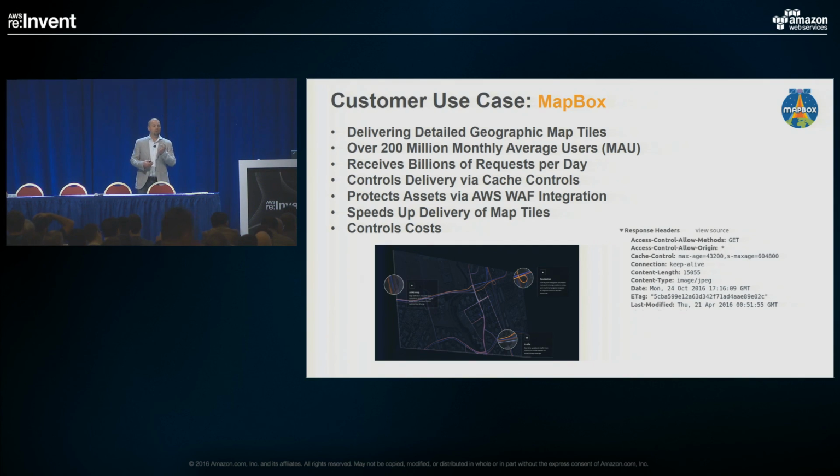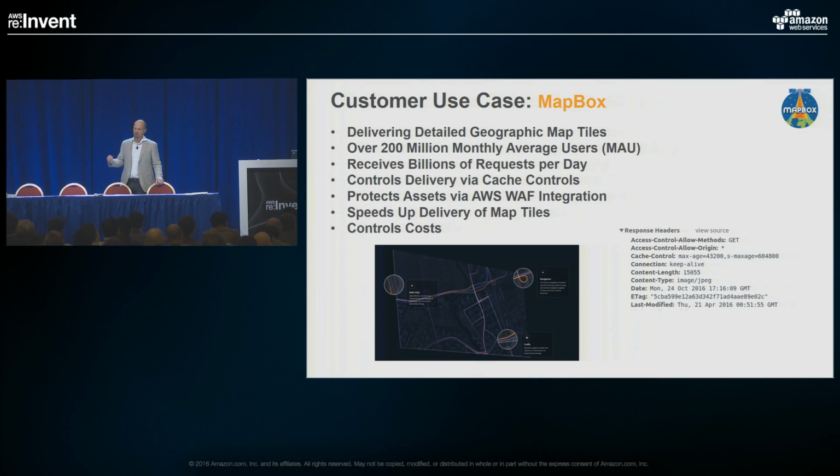So they want to make sure that the requests that come in are authenticated, so that just the right users are getting that, and there's no bots or scrapers scraping these tiles and using them for applications that they're not for. But they also want to make sure that the cache efficiency is correct, that the tiles are there and appropriate, and that the CDN is responding quickly, because it's important to get the map data as fast as possible. They use CloudFront to do all that, and then they also are able to achieve tremendous cost savings by doing so.